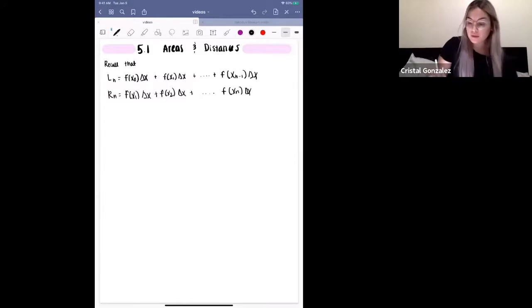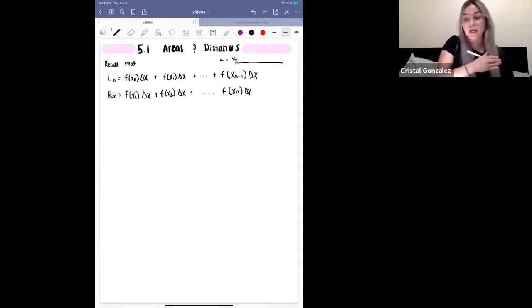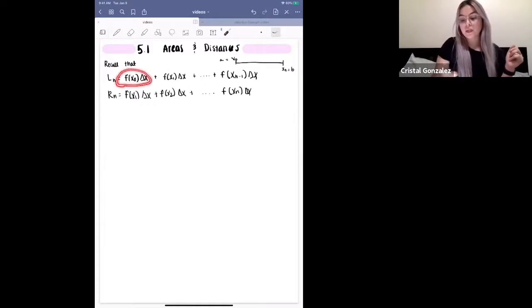So what do I mean by that? Maybe I should have drawn this earlier, but let's say we don't know what the graph is, and this is our point x naught, which, remember, equals our a, so our very end. And then our xn here is equal to our b, so from a to b, our interval. If we're starting off with our left endpoints, we're going to start off here and take it all the way to the function and draw that rectangle there.